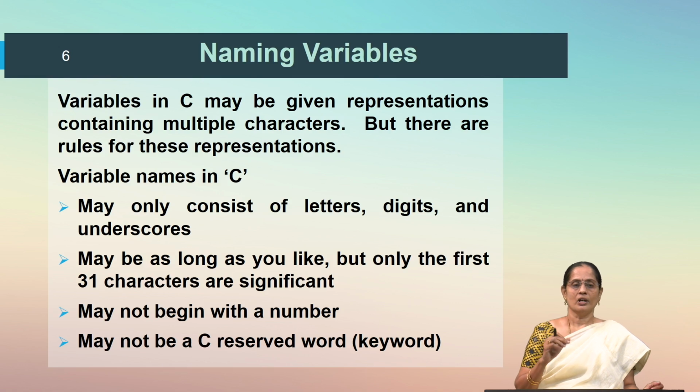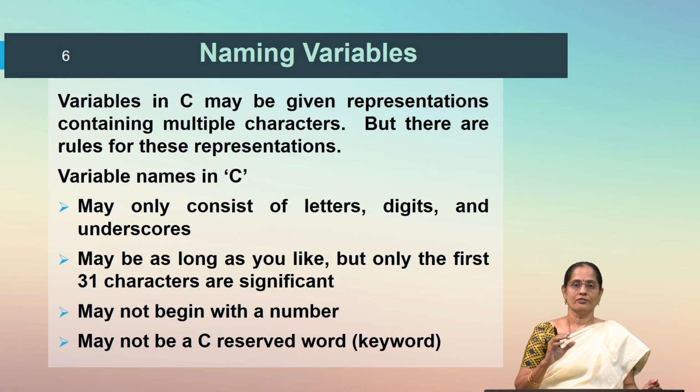So, what are the norms that should be followed in defining a variable in C? Let us see how variables should be defined. The name may only consist of letters, digits and underscores. It should start only with a letter, followed by digits or special symbols, especially the underscore.